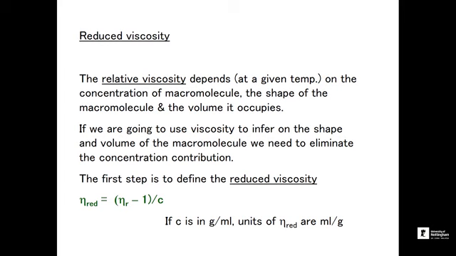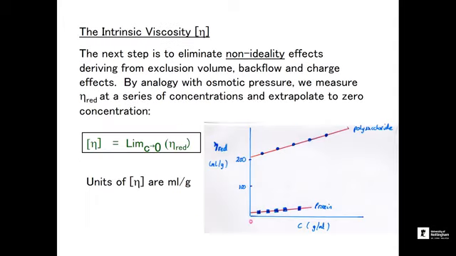Obviously, we can't dilute to nothing, or you can't make a measurement. So to eliminate non-ideality caused by excluded volume, charge effects, backflows and things, by analogy with osmotic pressure, which we saw yesterday, we measure the reduced viscosity at a series of concentrations and then just extrapolate the result back to 0 concentration.